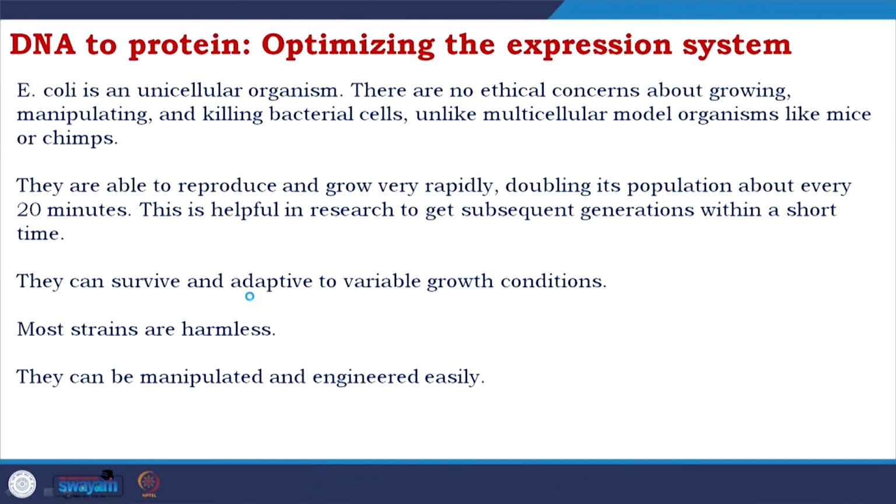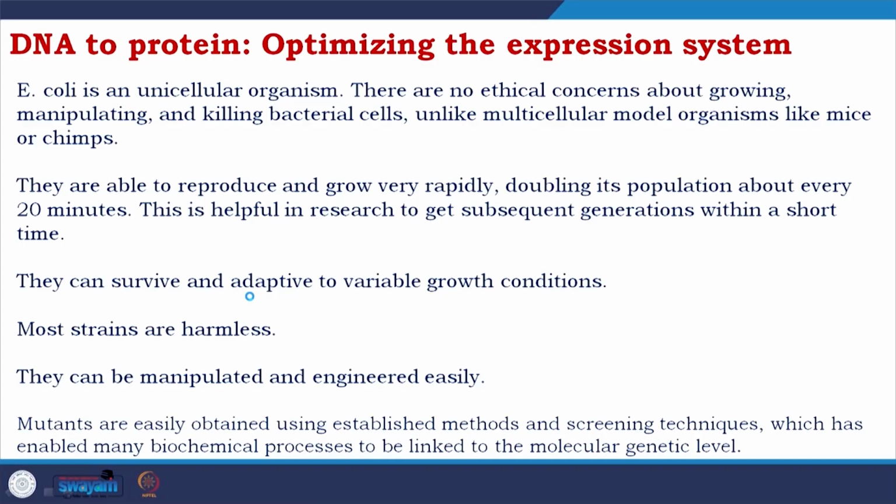But even if you get any strain of E. coli, generally they are not harmful. They can be manipulated and engineered easily. So, when we are doing enzyme engineering, we could also engineer them through our studies. Mutants, when you are making them, are easily obtained using established methods and screening techniques, which has enabled many biochemical processes to be linked to the molecular genetic level.